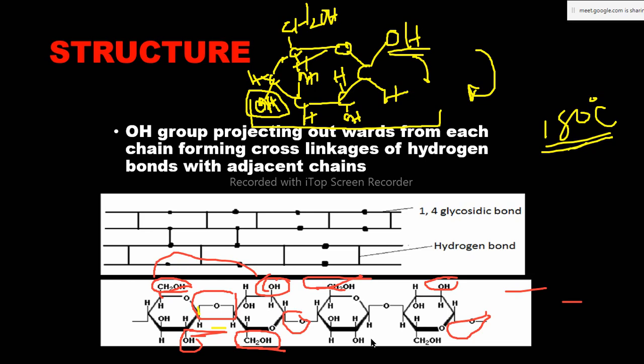So as a result, when the strands of cellulose lie together in a horizontal plane, like how you can see, then these alternating groups, they will form cross linkages, hydrogen bonds, with other strands of cellulose.